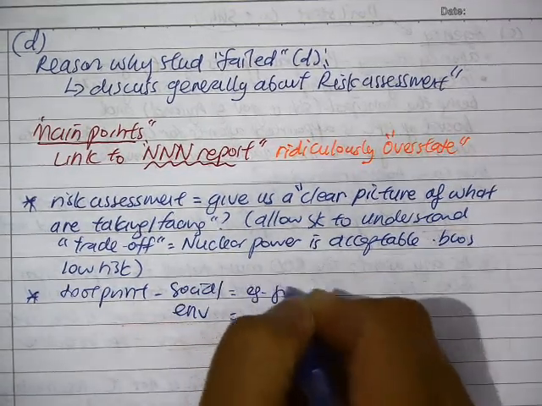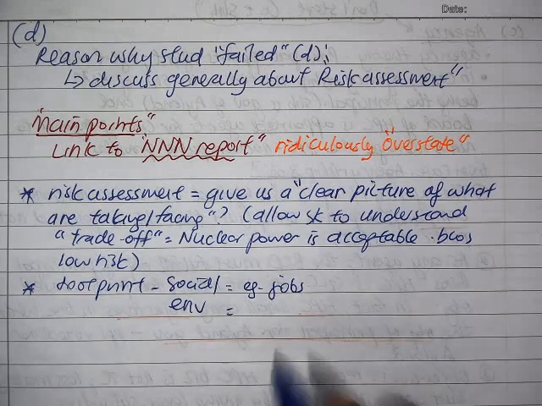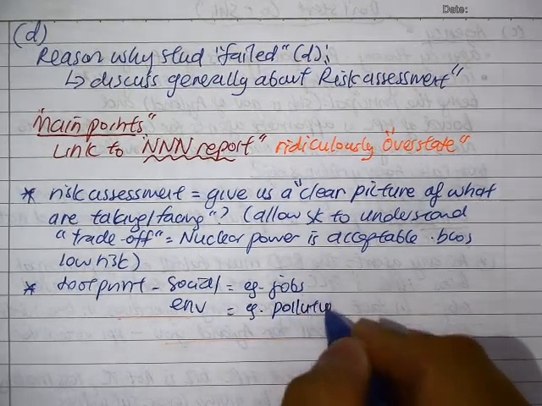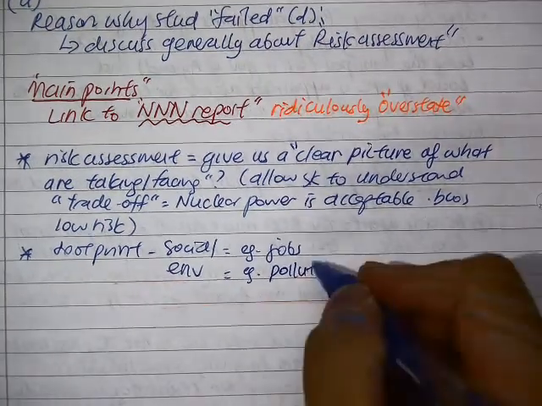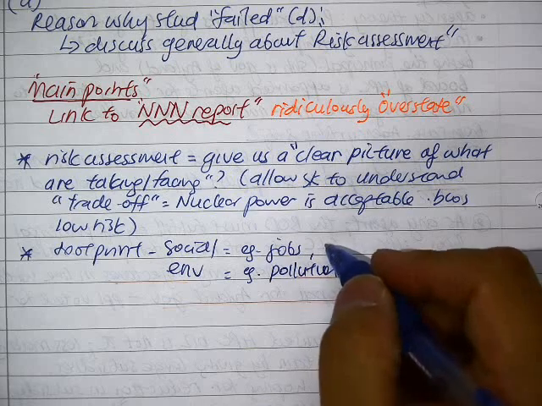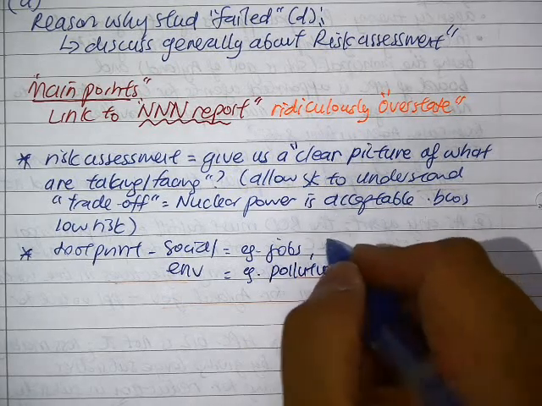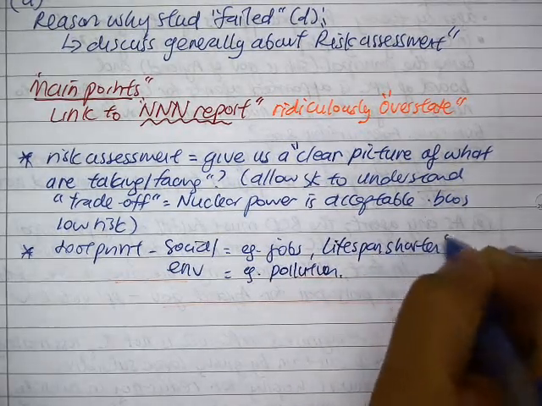Now, example like jobs, okay, having jobs, pollution. Now, I must give some negative one. So the social one is like, for example, you believe that the lifespan has shortened.